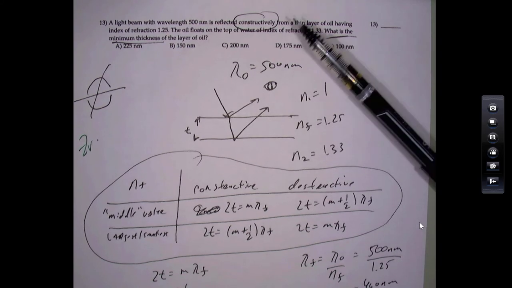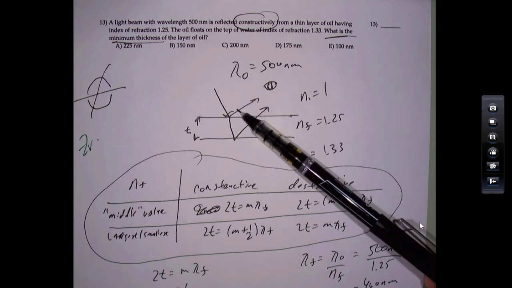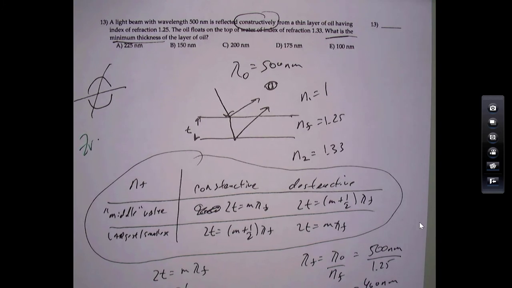So to interfere constructively, we want the light from the top surface here and this surface here to be in phase. So I've drawn out the layers here. Here's n1. It's just air, it's just 1. Here's the film, so index of refraction of the film 1.25, and then n2 down here 1.33.